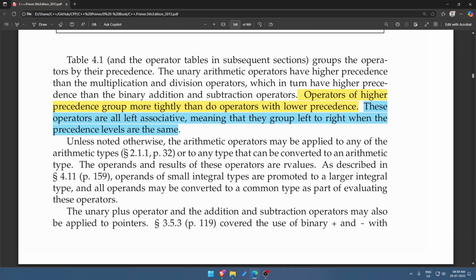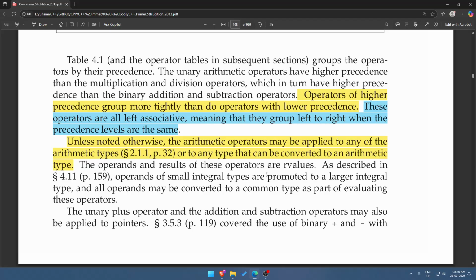Unless noted otherwise, the arithmetic operators may be applied to any of the arithmetic types, or to any type that can be converted to an arithmetic type. The operands and results of these operators are R values as described here.